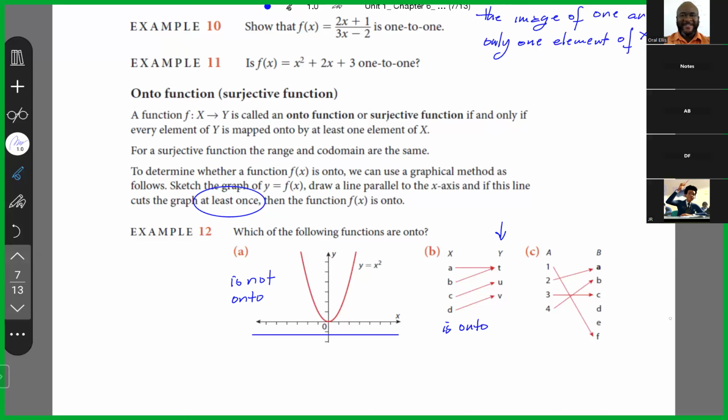And notice that for B, the range and the codomain are the same.